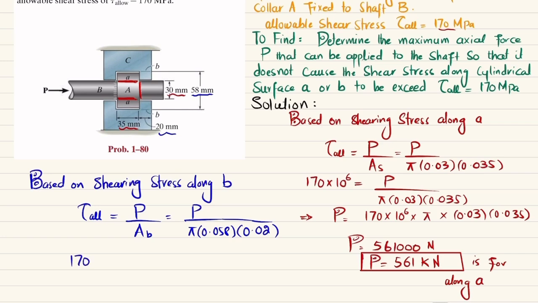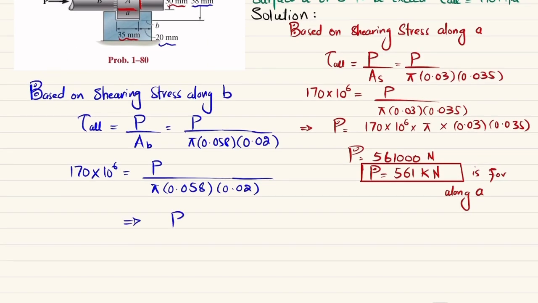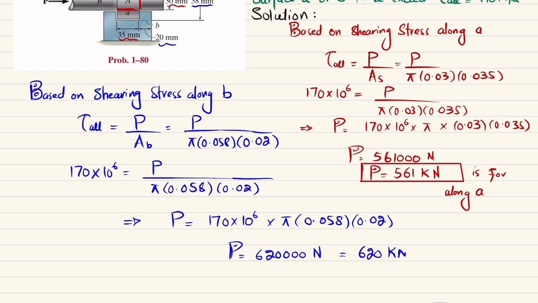And tau allowable is given as 170 megapascal. So 170 into 10 to the power 6 is equal to P divided by pi multiplied by 0.058 multiplied by 0.02, and you get P equal to 170 multiplied by 10 to the power 6 multiplied by pi into 0.058 multiplied by 0.02, and you will get P equal to 620,000 Newton, or you can say that P is equal to 620 kilonewton.